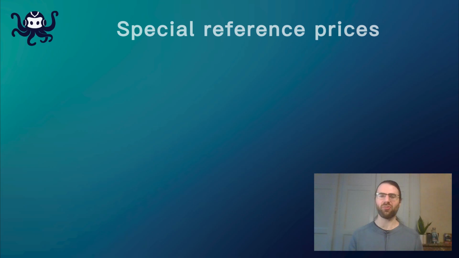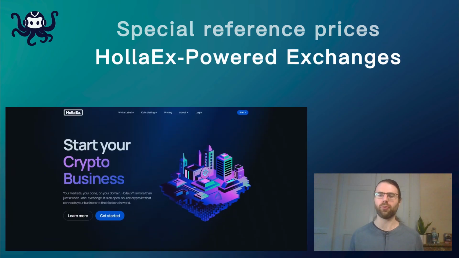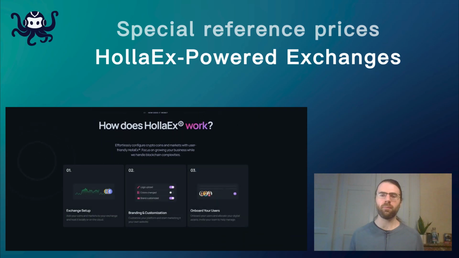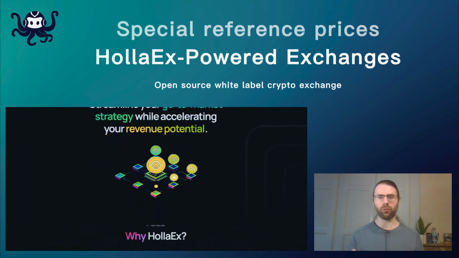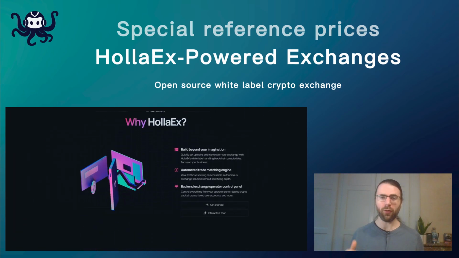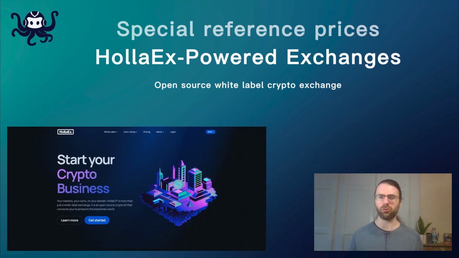Another interesting use case for static reference price is for HollaEx-powered exchange operators. In case you don't know the system, HollaEx is a great open source toolkit to easily create crypto exchanges. As OctoBot Market Making is built on OctoBot, which is fully compatible with all HollaEx-powered exchanges, it's natively compatible with all HollaEx-based exchanges.